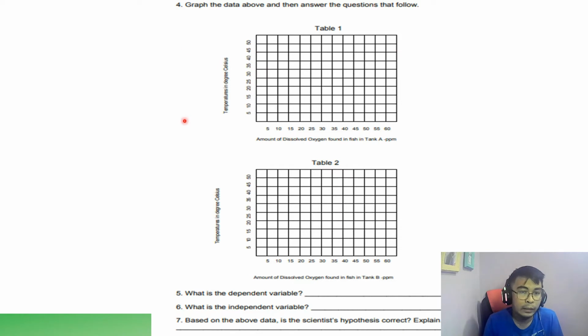And then after that, as you can see here, for the fourth instruction, you are to graph the data above and then answer the questions that follow. So you are to graph for tank A, and then another graph for the data for tank B. And then after which, you need to answer questions number 5, 6, and 7.